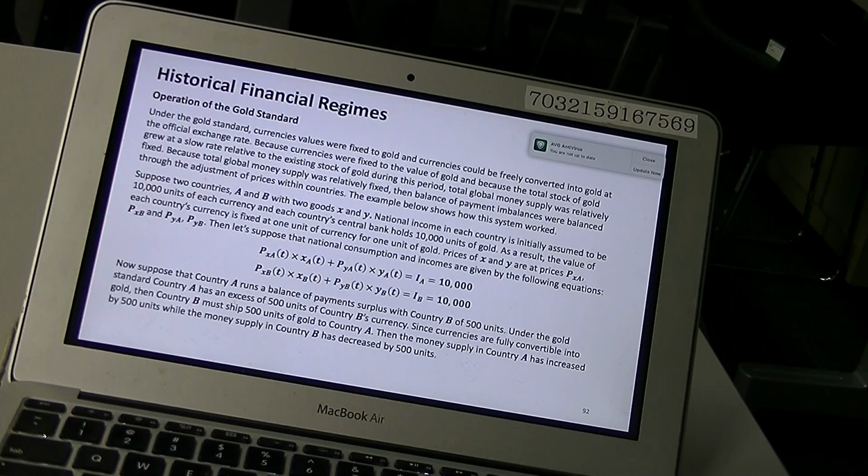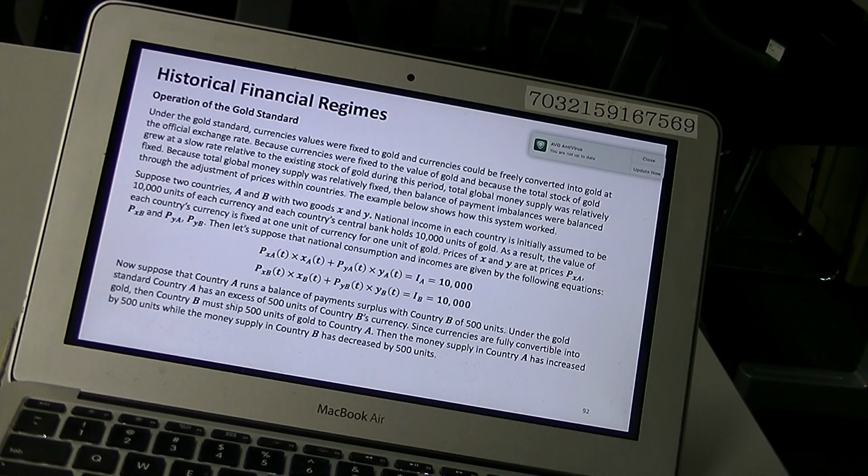Each country holds 10,000 units of currency, which is linked to 10,000 units of gold. That's the important thing to remember, is the amount of currency is linked to the amount of gold that each country holds. Okay? So as a result, the value of each country's currency is fixed at 1 unit of currency for 1 unit of gold.